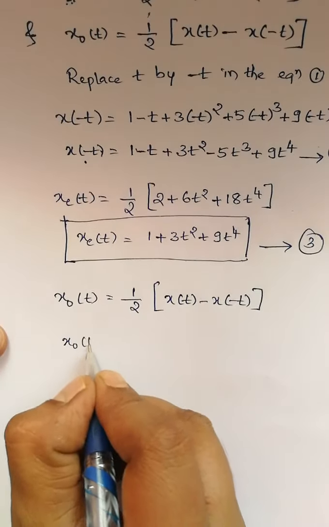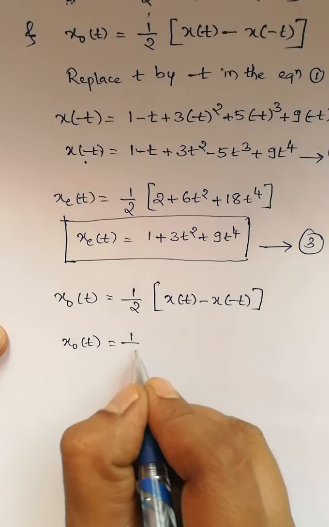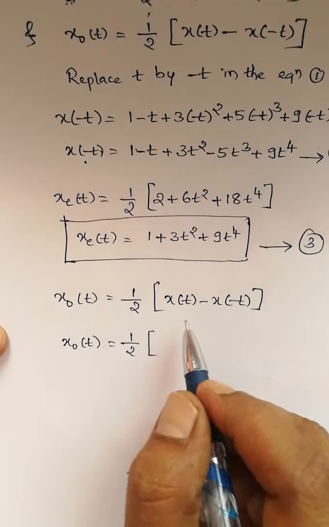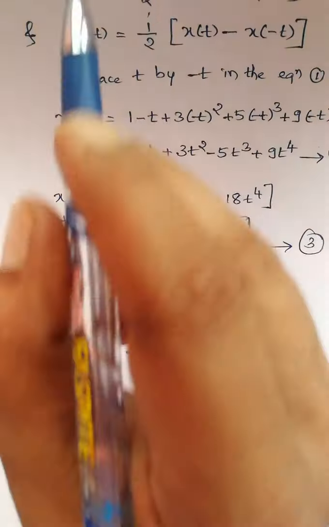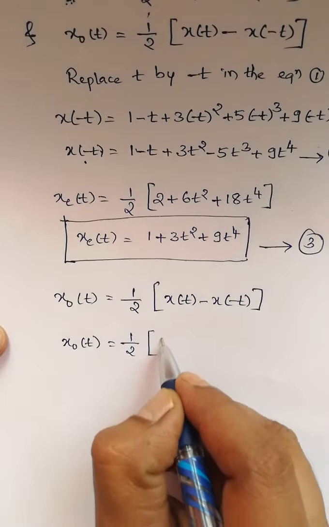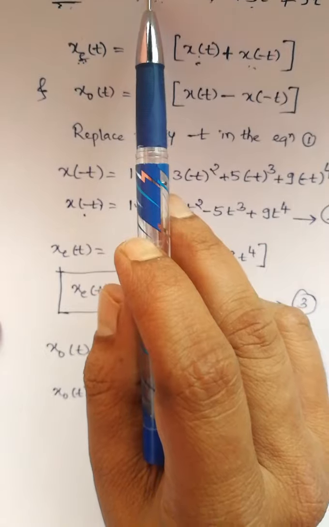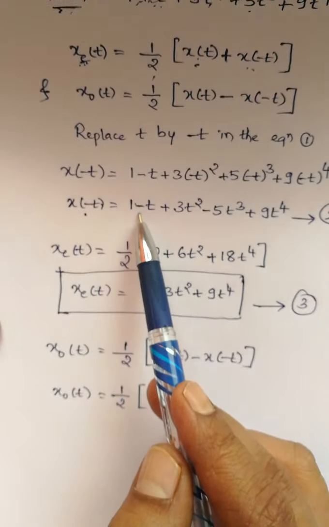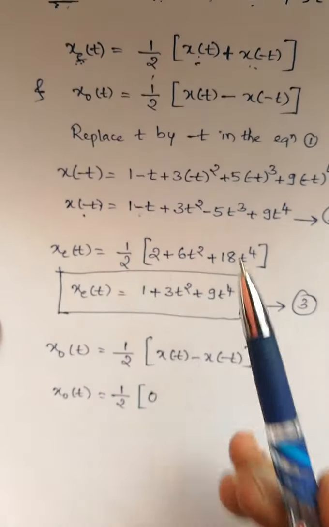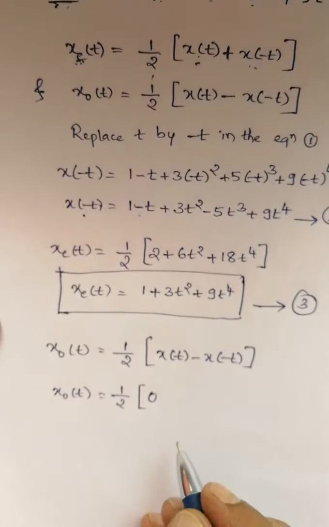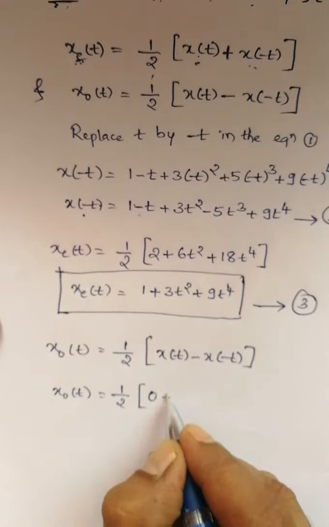Hence x o of t equal to 1 by 2 as it is, then 1 minus 1 is 0. t plus t, since minus of minus becomes plus, is 2t.